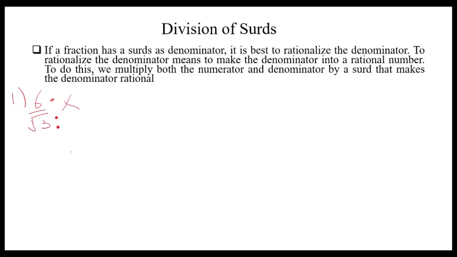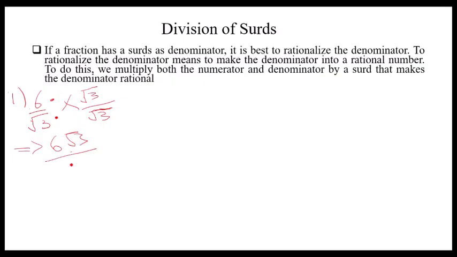So what's that surd in this instance? It's root 3, because it's only root 3 that can make this rational. So we multiply the numerator and the denominator by root 3. The numerator becomes 6 root 3.